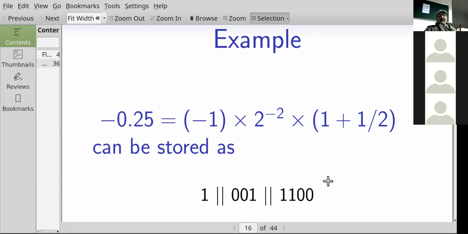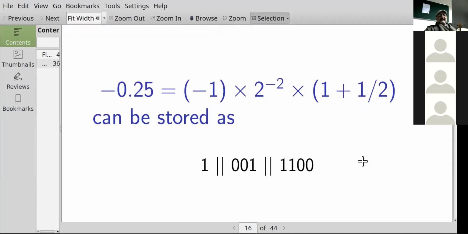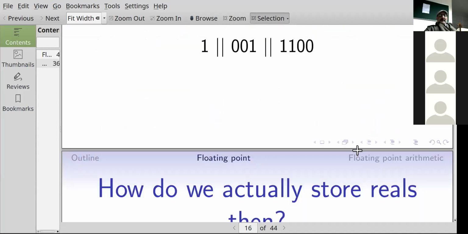And then I don't need anything else, so the rest are zeros. Okay, so using 8 bits, this is how I can write -0.25 and store it in a computer. Is that okay? Yes. All right.